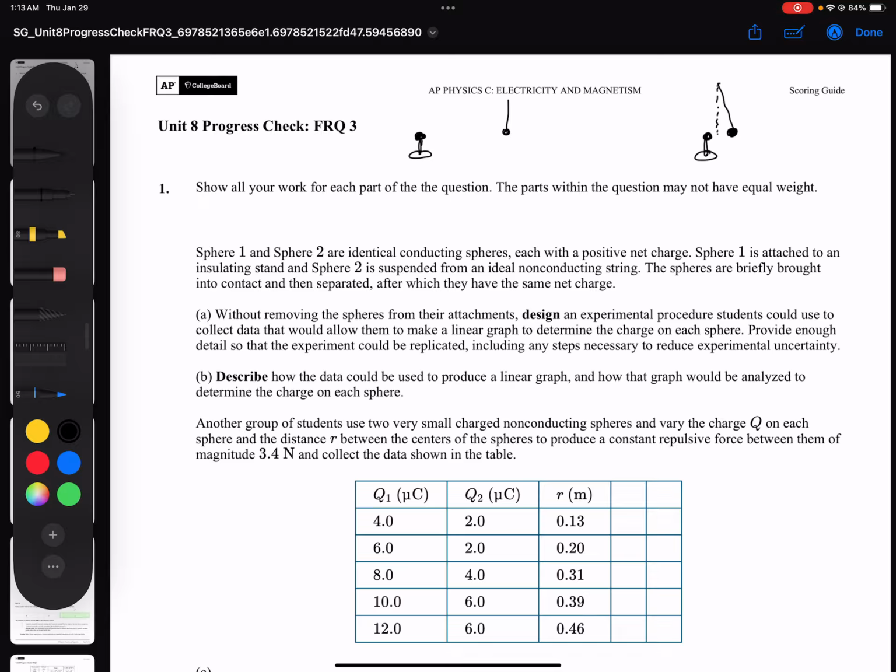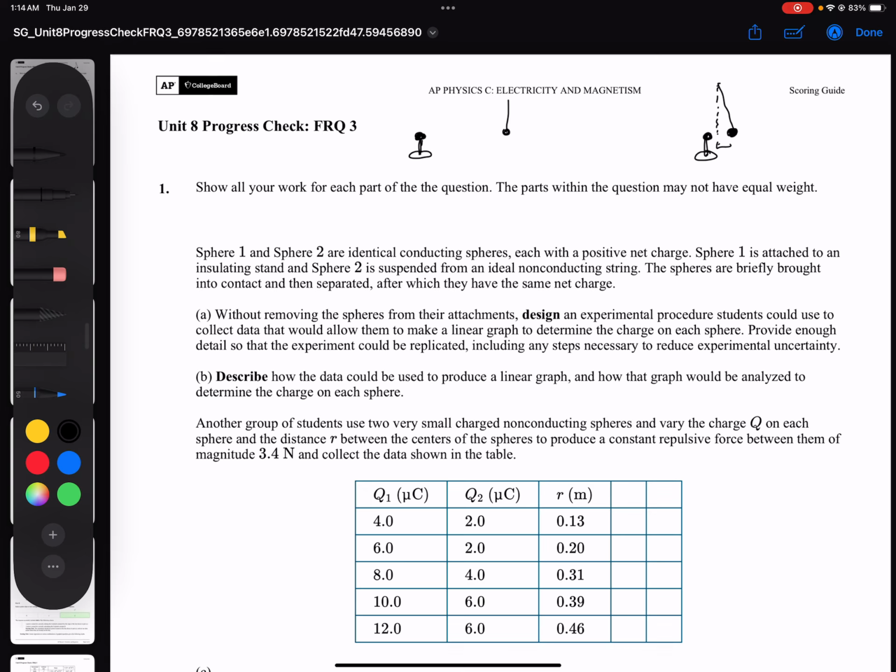So I'm just going to read through the procedure. Effectively, measure the angle of sphere 2. We're going to figure out the angle sphere 2 makes with the vertical as sphere 1 approaches it, by measuring the length of the string and how far sphere 2 displaces from sphere 1 as sphere 1 is brought closer to it. Sphere 2 is going to displace some amount from its equilibrium.